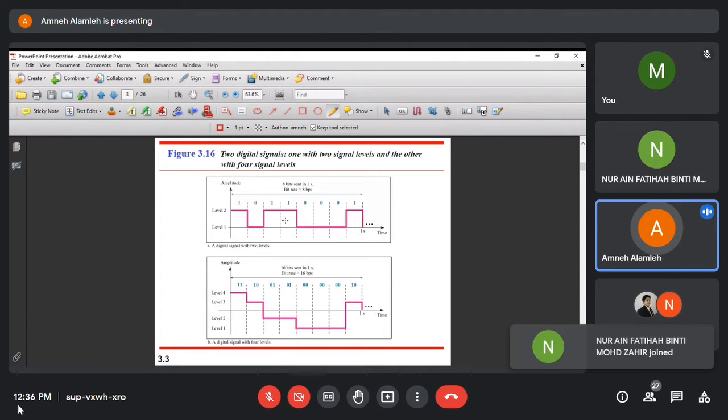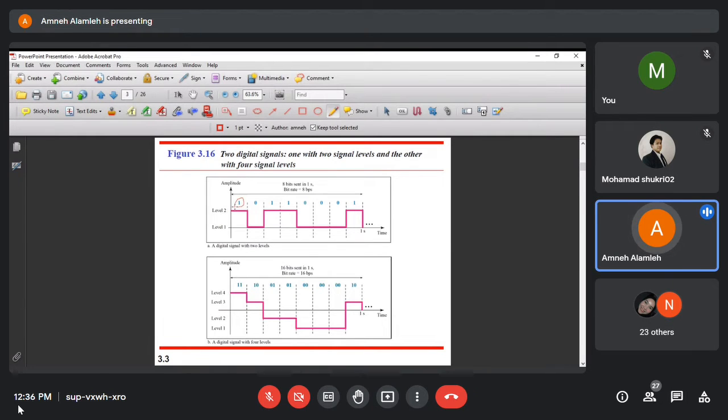The first one, as we see, every cycle can represent only 1 bit. Level 1 represents the 0 bit, and level 2 represents the 1 bit. As we know, digital information is all zeros and ones, right? And each one represents 1 bit, 0 or 1.